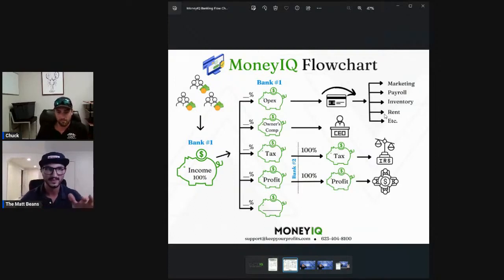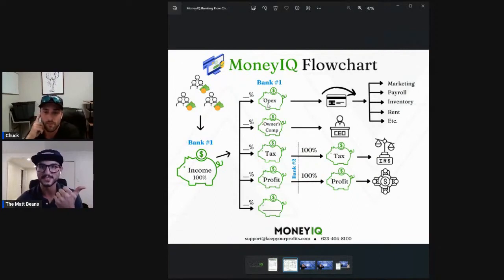So we've got the income account, OPEX, which is short for operating expenses, 2, owner's comp, 3, tax, 4, profit, 5, and then another tax and profit, 7, and then this floater account down here. So we have 8 bank accounts in this situation. Are these checking accounts? These are all checking accounts.